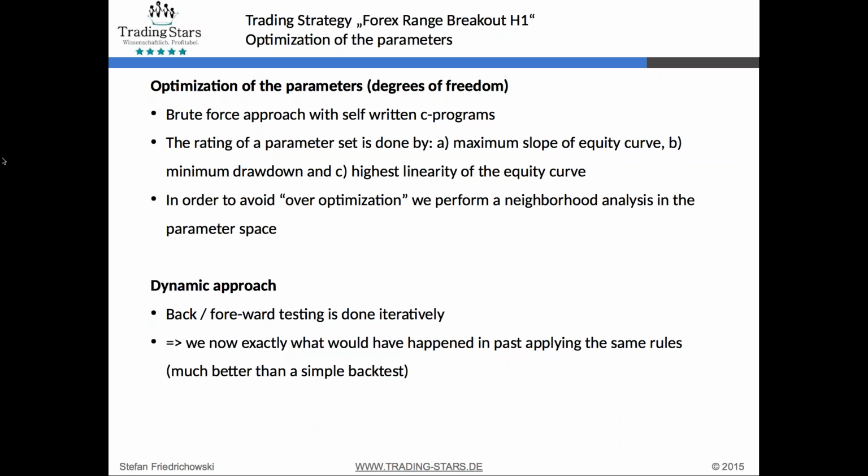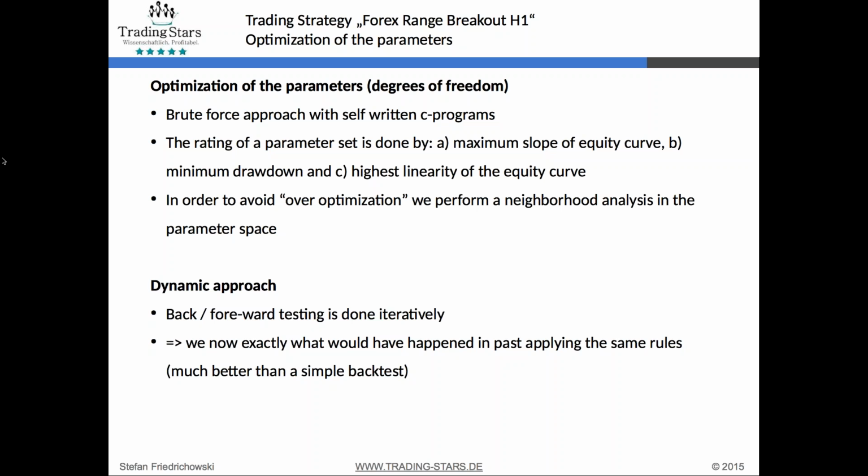In this case, for example, if we go from 10 to 9 and from 3 p.m. to 4 p.m., then still the strategy should work. If not, then we know that we have over-optimized our parameters.